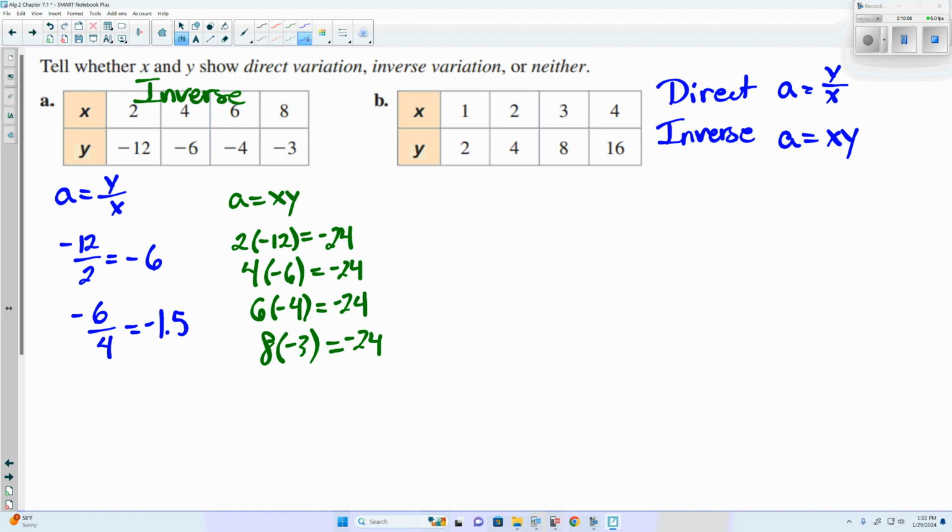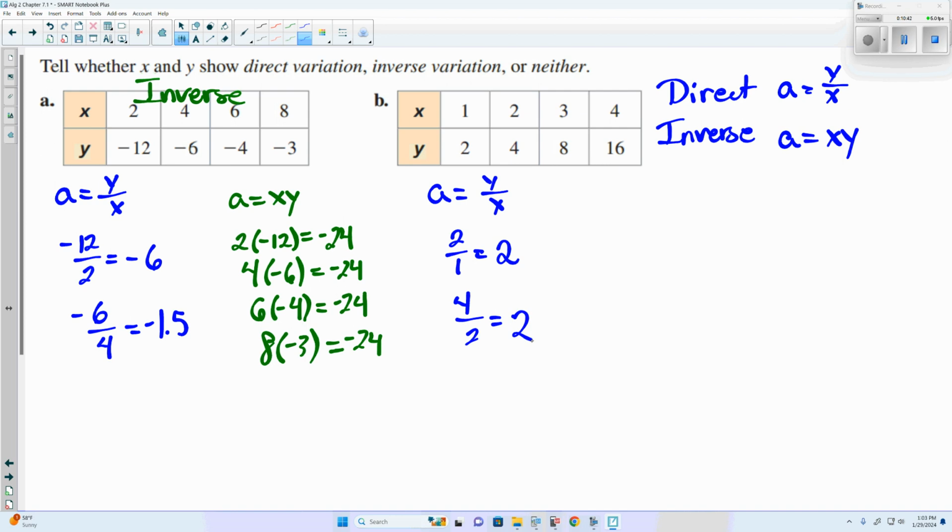Questions on A? Are we ready to look at B? Do we want to try direct or inverse variation first? A is equal to y over x. So 2 over 1 is 2. Next one we have is 4 over 2, which is 2.